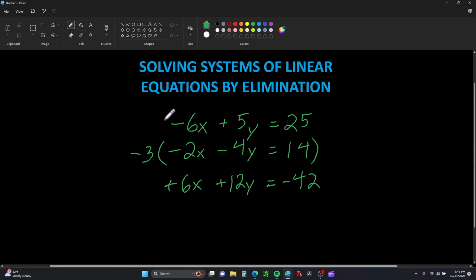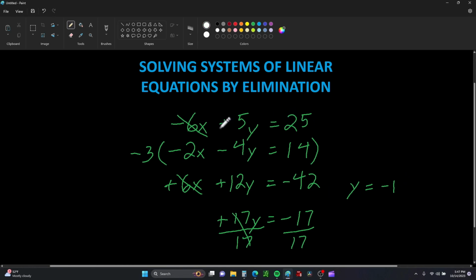Now, looking at this line, if I was to add them, these would be a 0 pair. Then I would get plus 17y equals minus 17. And then if I divide both sides by 17, I get that y equals minus 1.